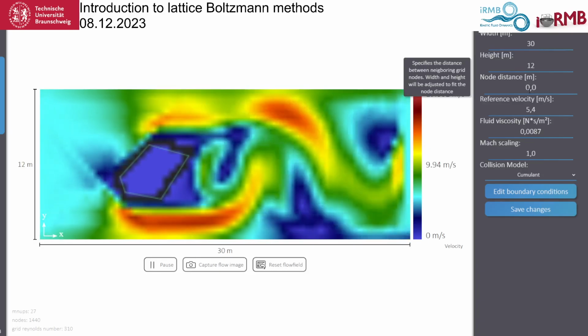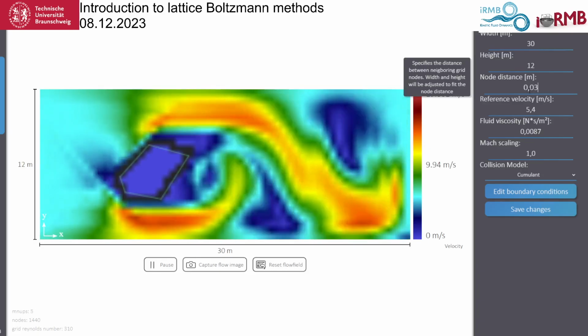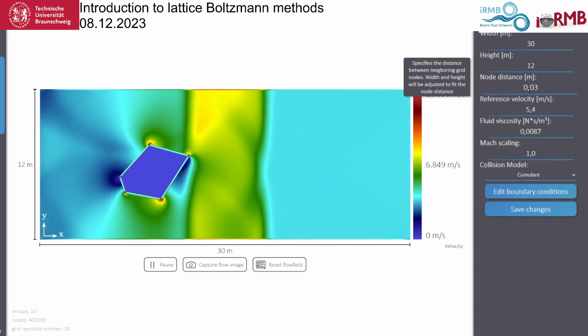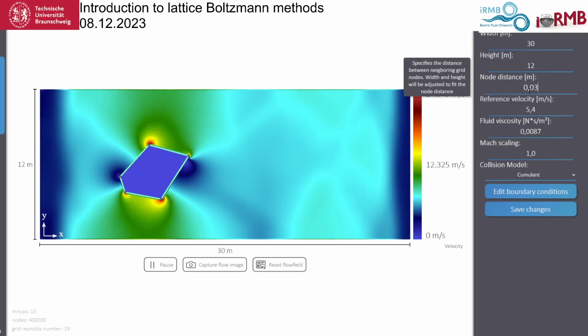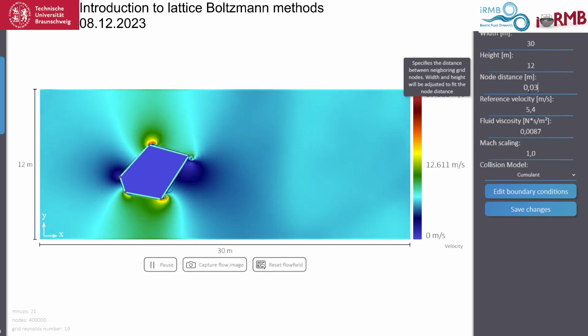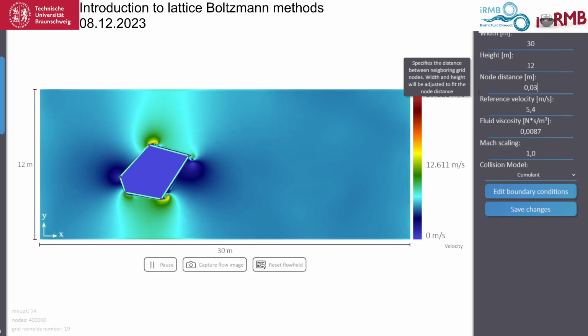Something went wrong here. Okay, there was obviously a mistake. I doubled the resolution and it became coarser. So now I went to 1/3.